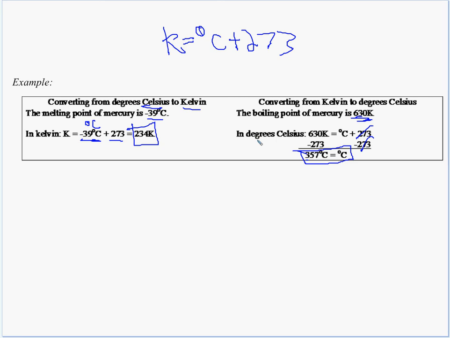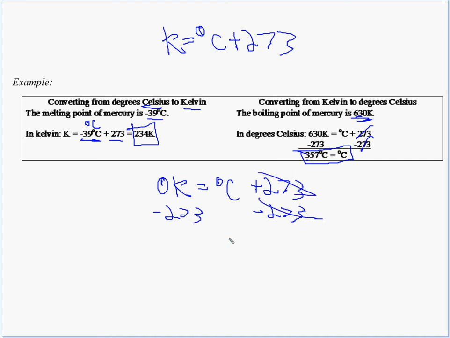Okay, let's see if I can do this again. Okay, 0K, that's absolute 0, right? What would that be in Celsius? Okay, so I can plug that in. I know 0K equals degrees C, which is what I'm looking for, plus 273. So now to get degrees C by itself, I'm going to subtract 273 from both sides.